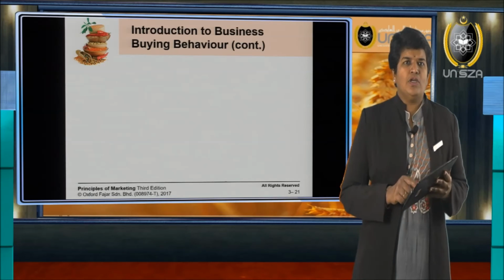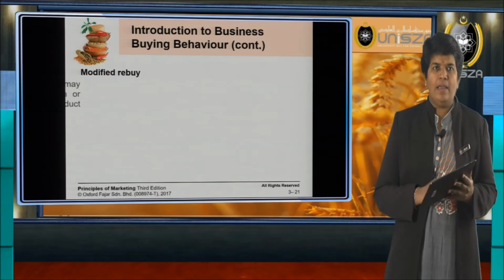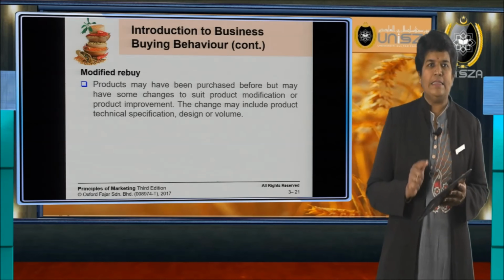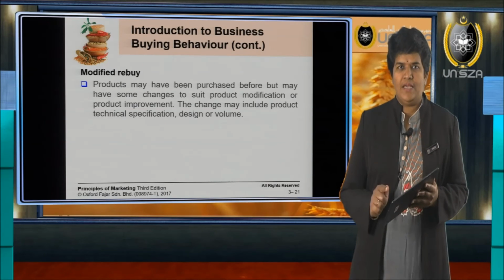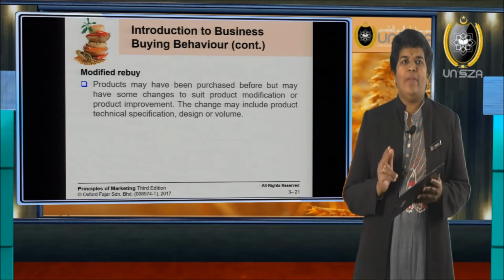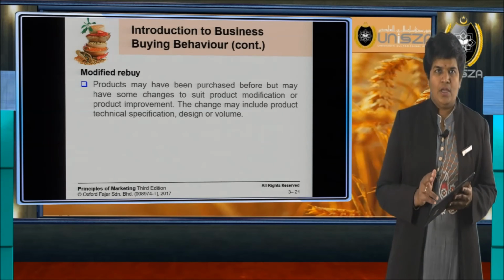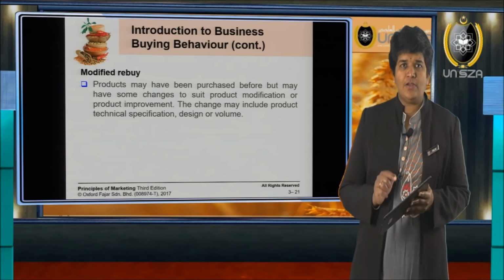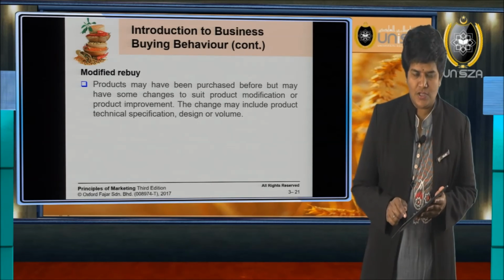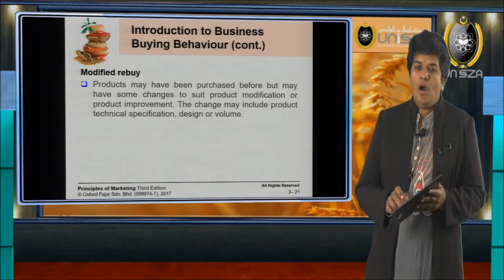Now let us look into modified rebuy. Modified rebuy is when the product may have been purchased before but may have some changes to suit product modification or product improvement. The change may include product technical specification, design, or volume.